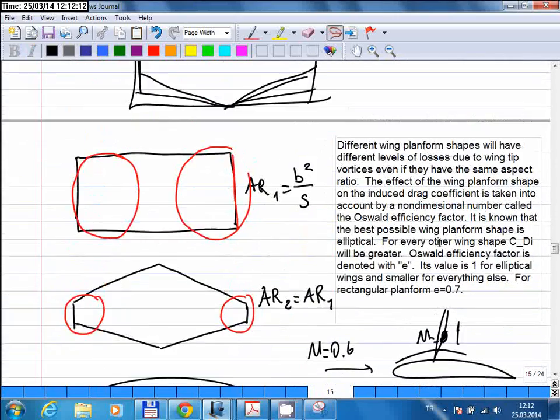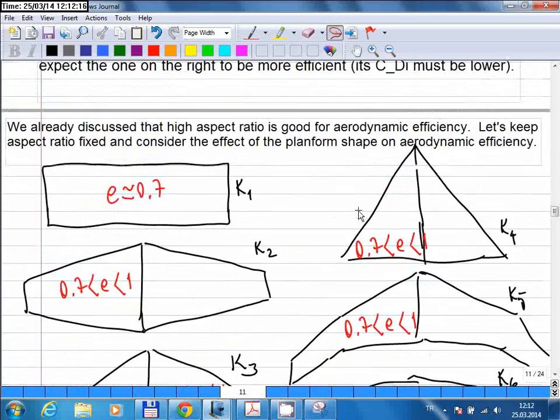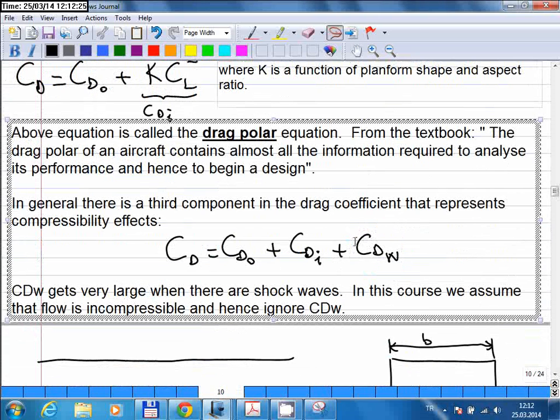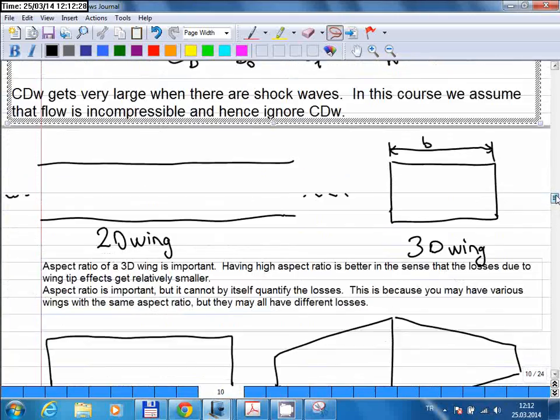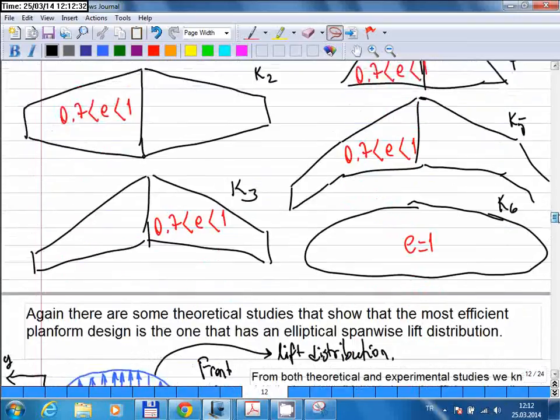So remember, I said here that normally in the drag equation there is a third component due to the compressibility effect, and if we ignore this part, then it is true that the ellipse is the best possible design that gives you the most efficient aerodynamic performance.